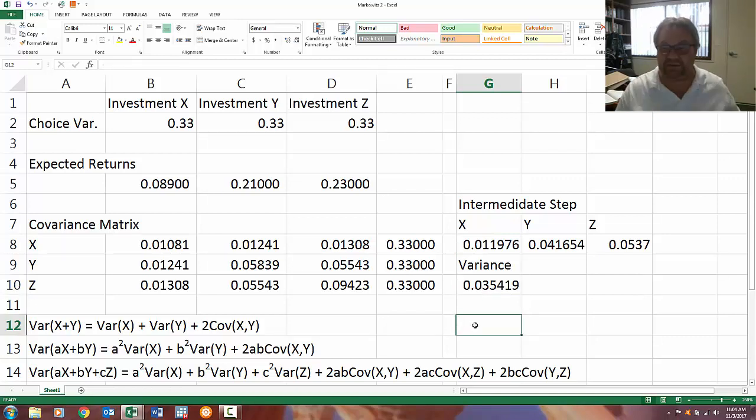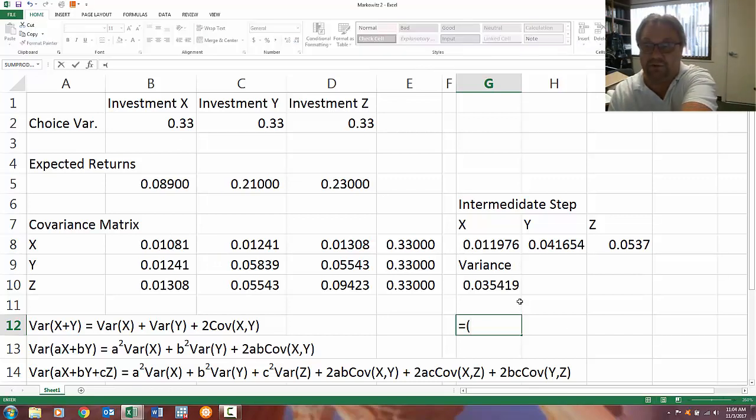Now, if you don't see that right away, it's not an issue because you can always do this manually. We've already got the weight A, and so I could just take that squared. My point is to show you that this is right, so I'll calculate this formula the long way.